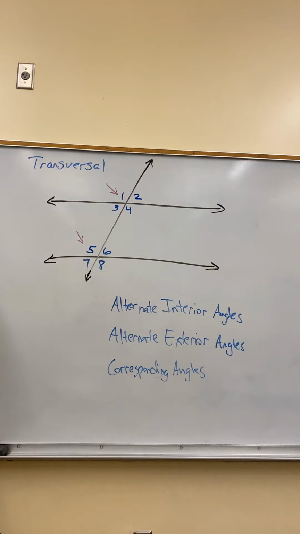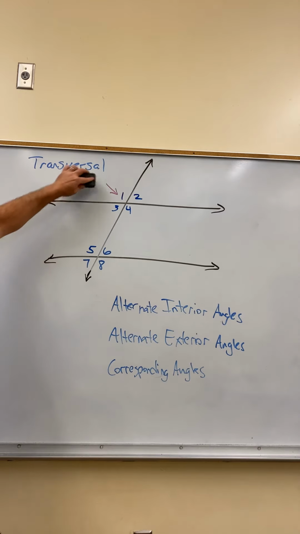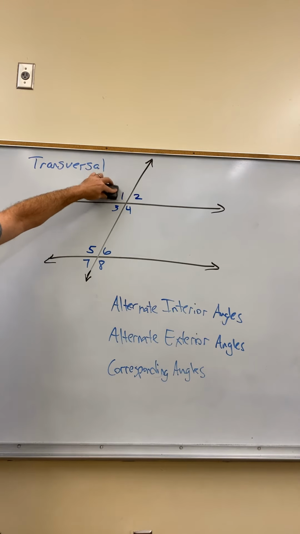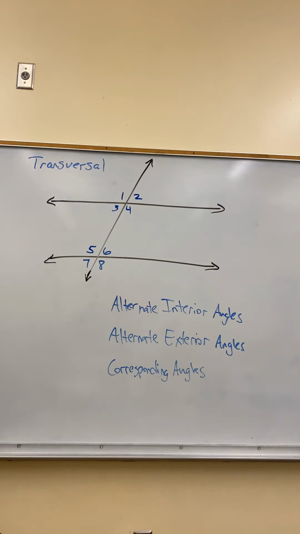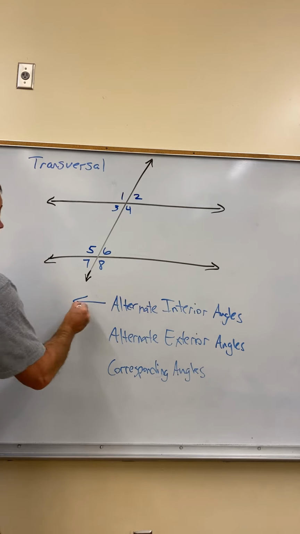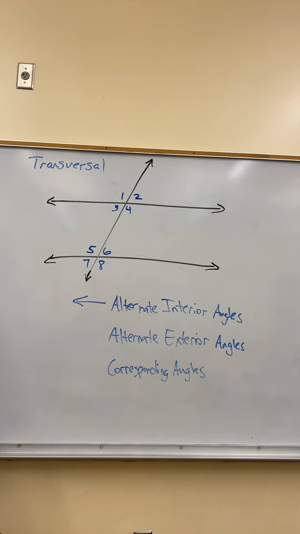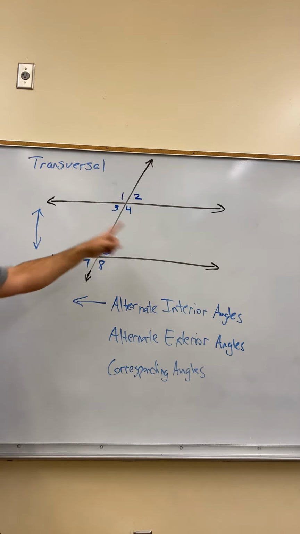The next type of angle we're going to talk about is alternate interior angles. Interior means it's in between your parallel lines, and it's alternating on sides.